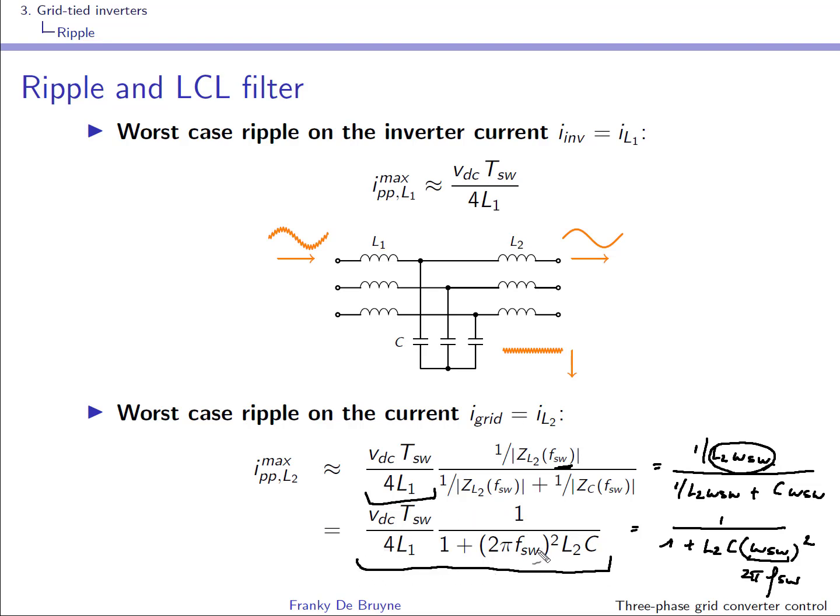So if your LC filter is well designed at the switching frequency, this thing here will be a high number, so this overall factor will be very small, and the residual ripple on the current at the output of your LCL filter, the grid current, will be very small.